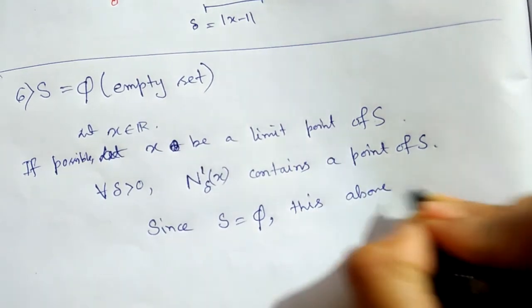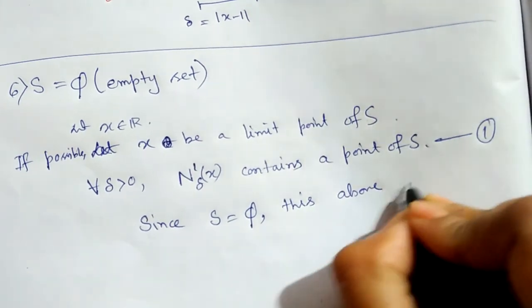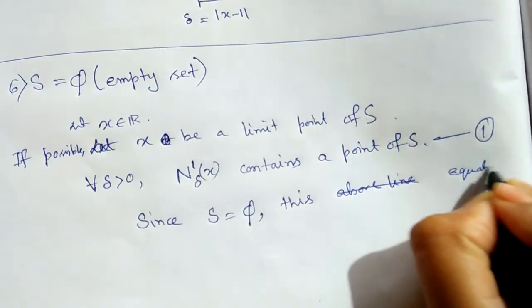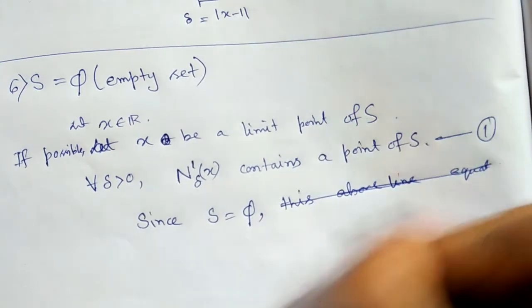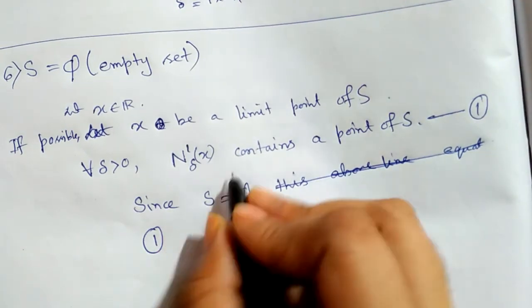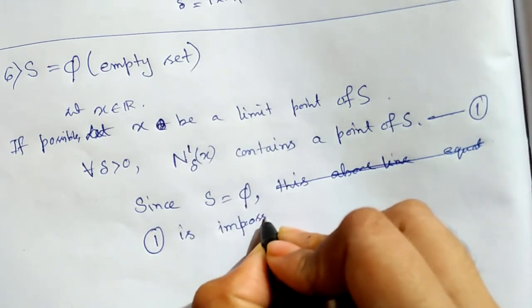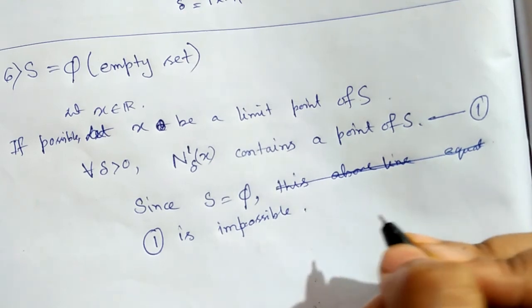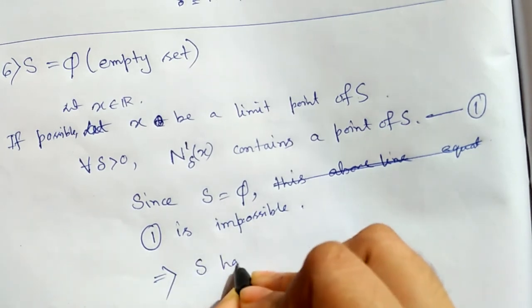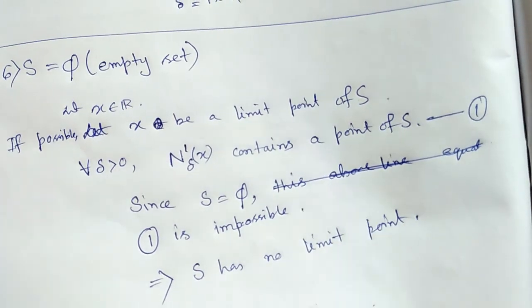So the claim in line 1 is impossible. This implies S has no limit point, right?